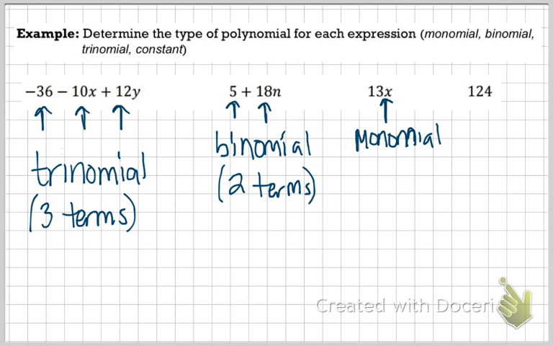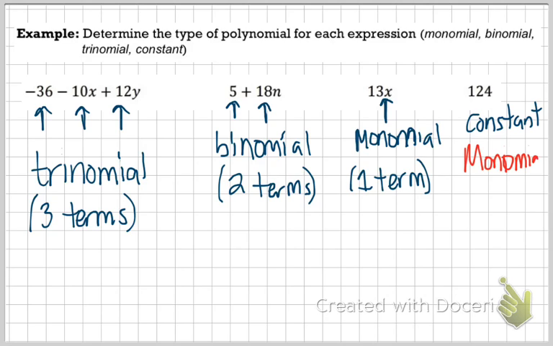This is an m, 1 term. So finally we have this constant, this number. By now you know this is a constant, a number that is by itself. But this is also a monomial, because if you remember the definition, a monomial could be a number, a variable, or the product of both.